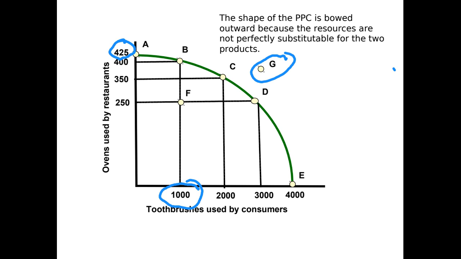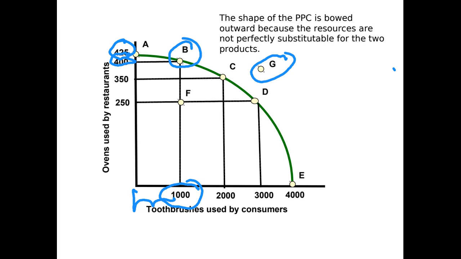So if you produce 1,000 toothbrushes, you have to produce efficiently using all your factors of production at this level, that is 400, which corresponds to point B. So the cost of producing 1,000 toothbrushes is 25 ovens.